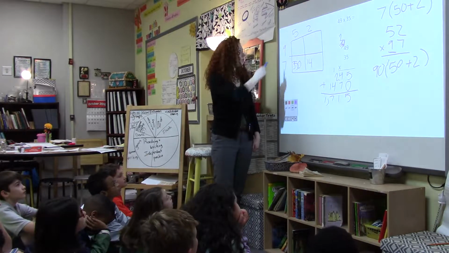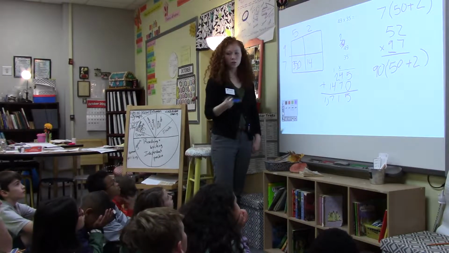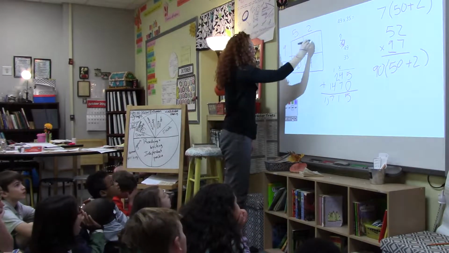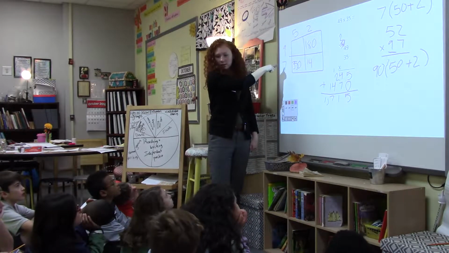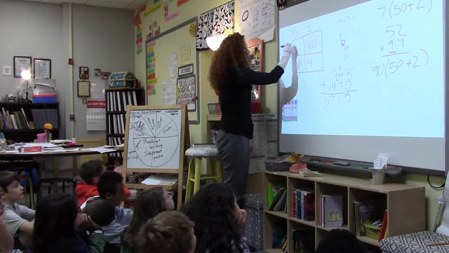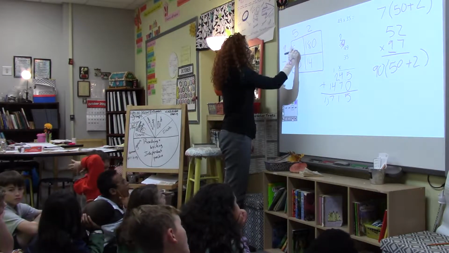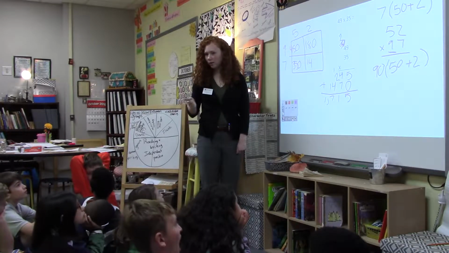And then we would do the 90 times 2, which is 180. And then we would do the 90 times the 50, 4,500, and then we would add them all up.